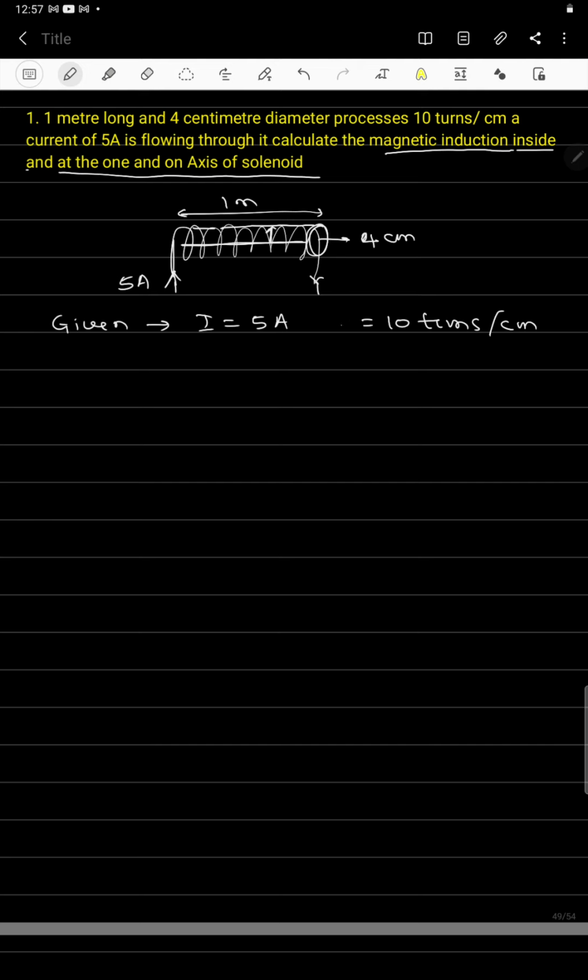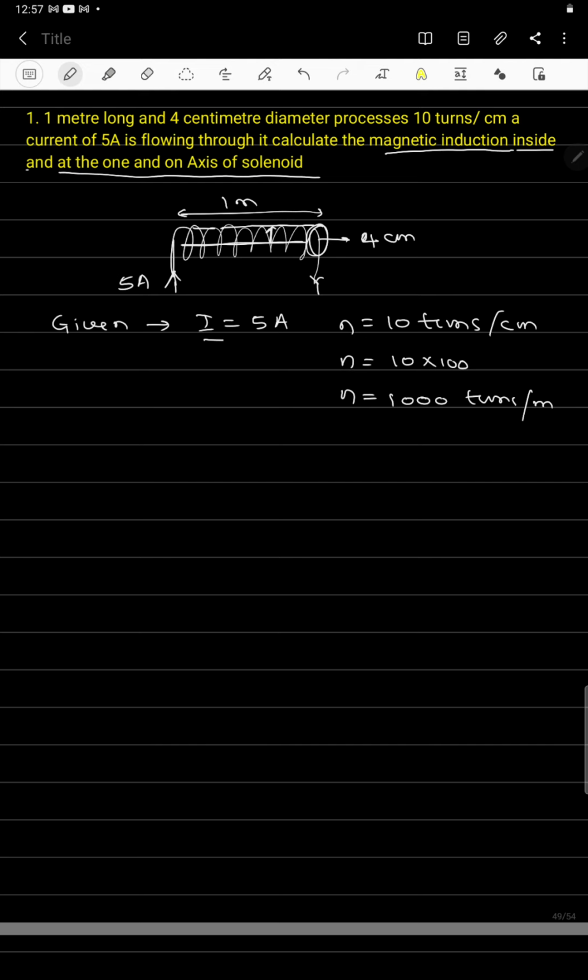We'll convert centimeter to meter, so 10 into 100, and n equals 1000 turns per meter.